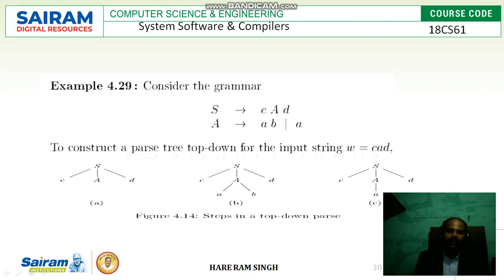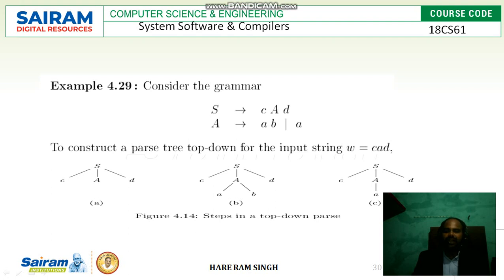Again we will go to backtracking. So this is called backtrack. We will go back. Let us remove ab. What is the other derivative of A? It is a. So A will be replaced with a. Then what do we get? Let us match. We got cad, which is matching with our string.